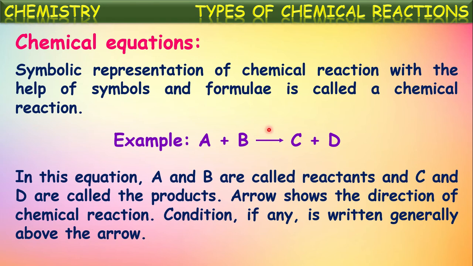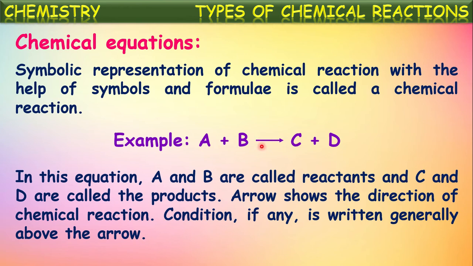Like this, whatever conditions are necessary for the reaction to occur are mentioned on the arrow mark. Reactants are written on the left hand side and the products on the right hand side of this arrow mark. The arrow can also be pronounced as yields or gives.